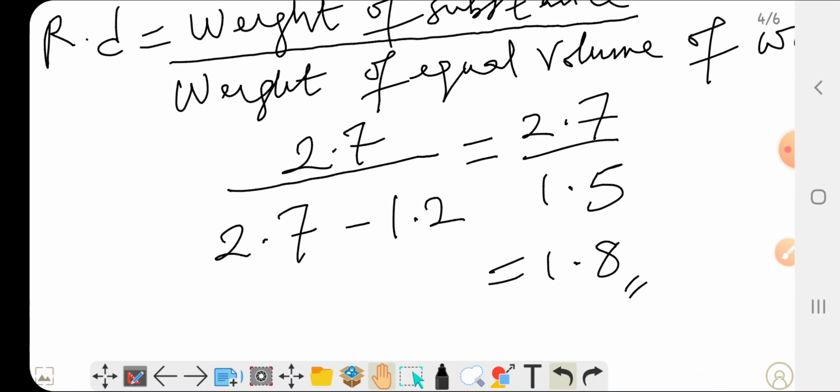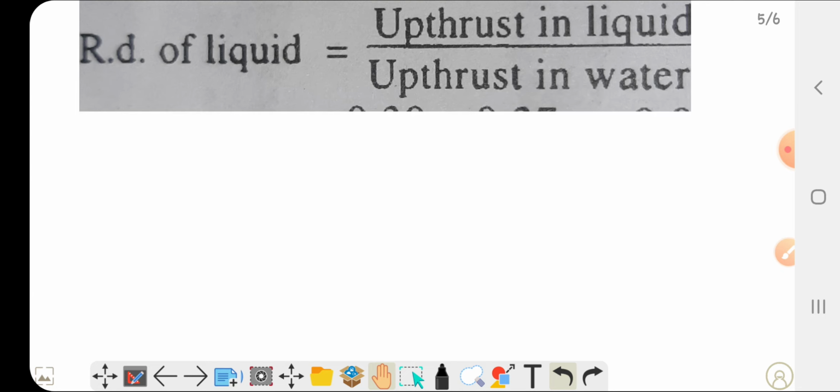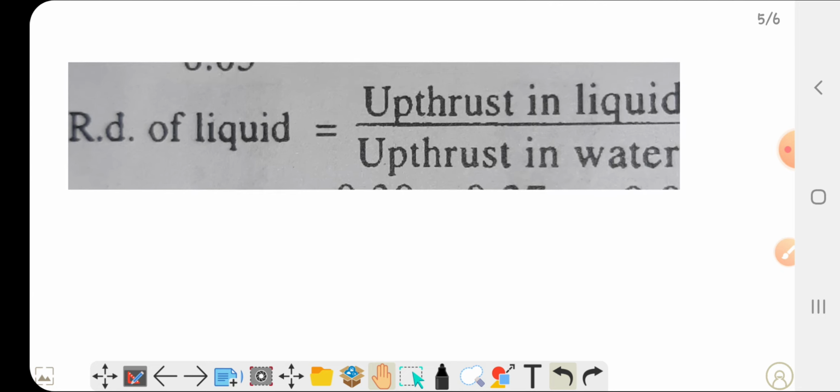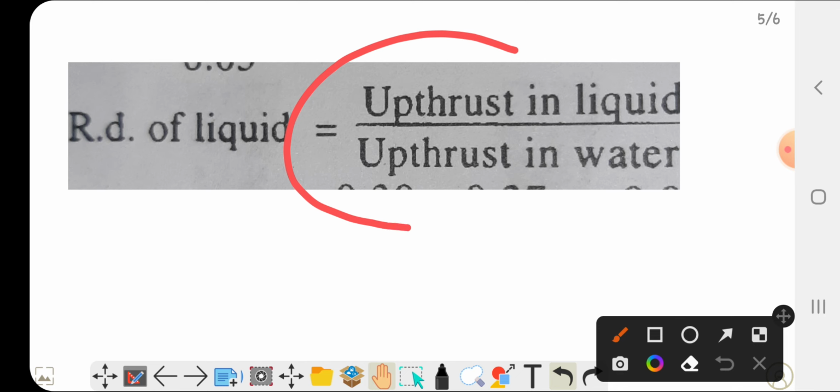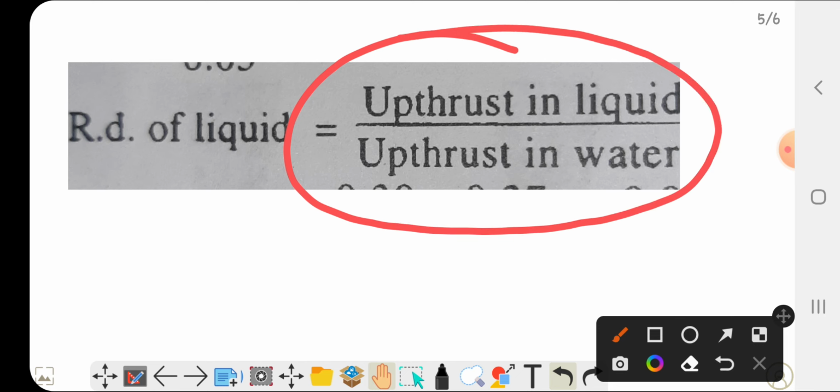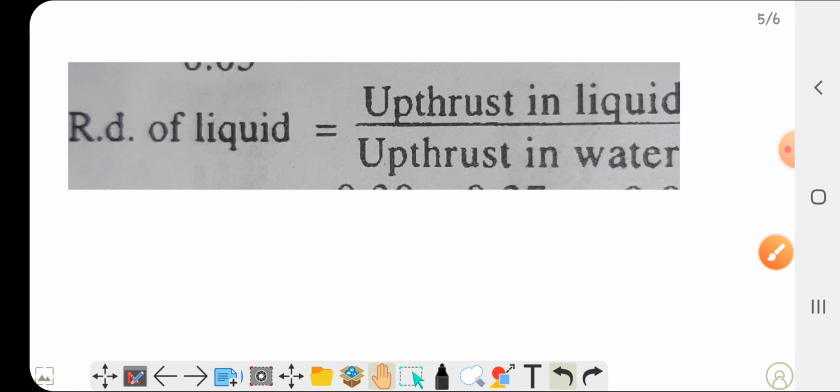So there's another formula we could also use to define relative density. Let's go to the next slide. We could also say that relative density is the upthrust in liquid divided by upthrust in water. What's upthrust in liquid actually?